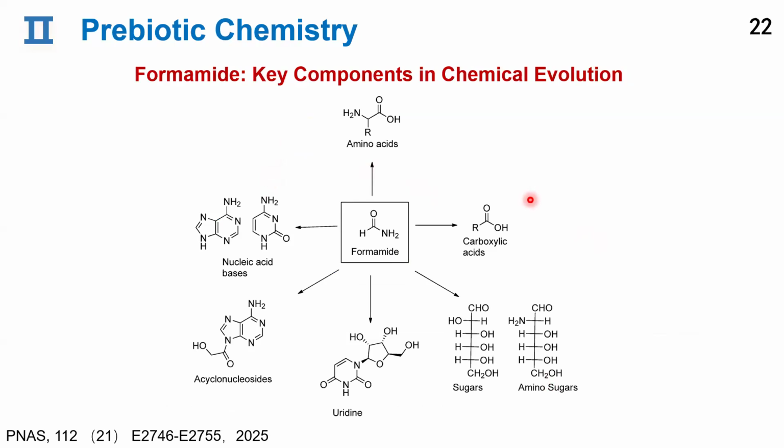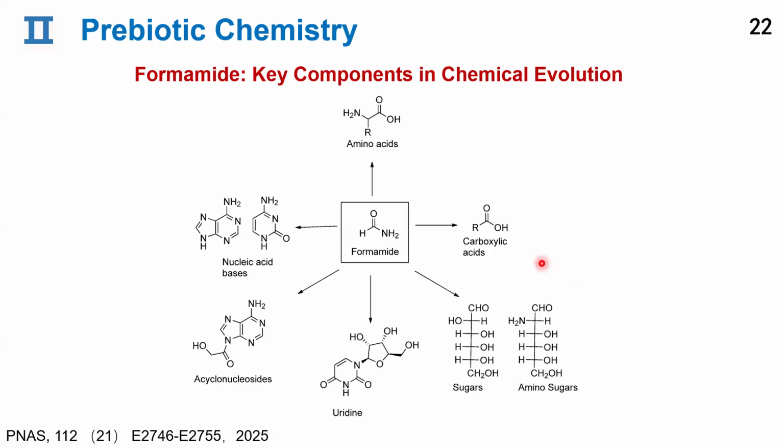But this raised an important question. Was there a single and simple molecule that could serve as a common chemical starting point for many of these pathways? Recent research points to formamide as one of the most important molecules.